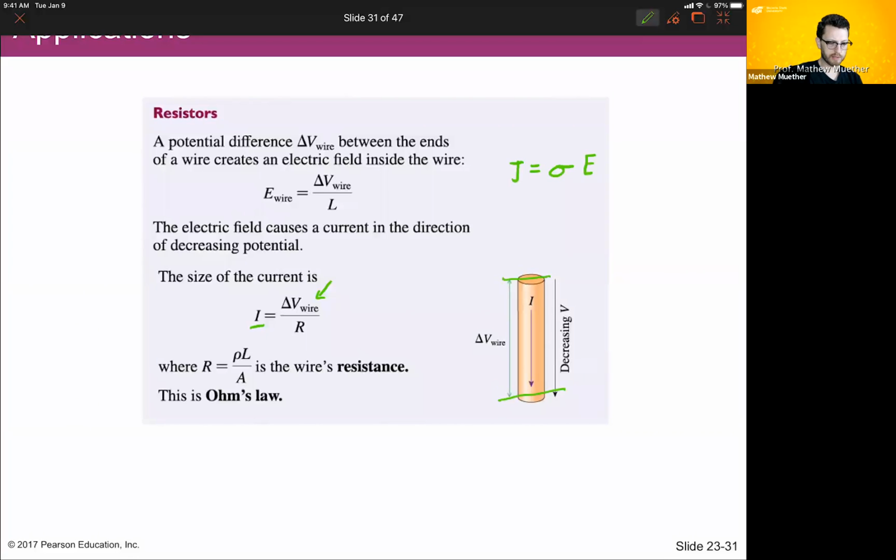The current flowing through this is J times the area A, and so that should be equal to the conductivity times the electric field times the area.